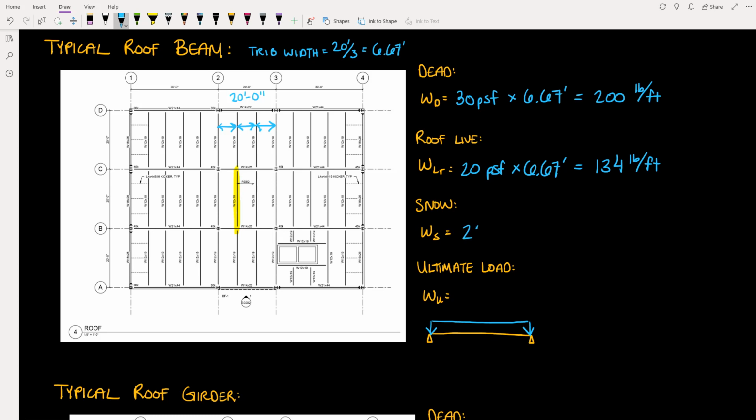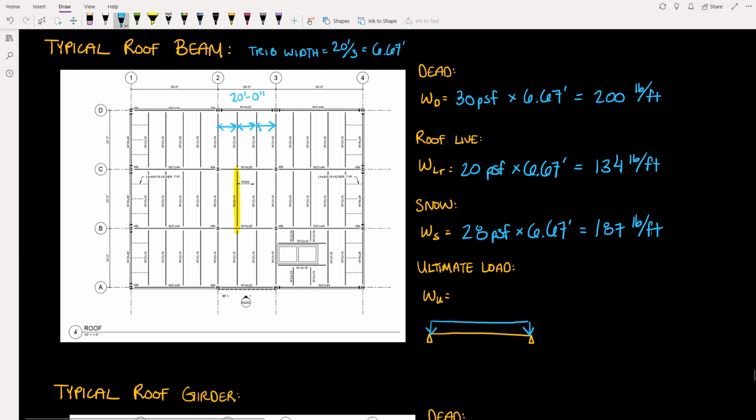Finally, the snow load, 28 pounds per square foot times 6.67 equals 187 pounds per foot.